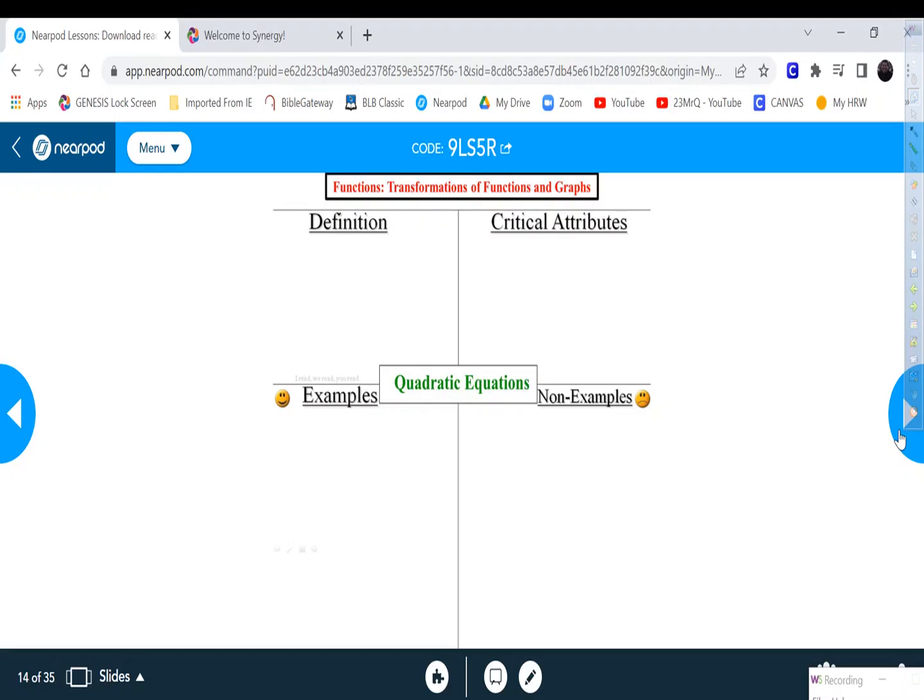Okay. I guess all the definitions could be with zero, right? Anything can have zero. That's pretty good. Diego, my goodness. Help him out, Luis. Quadratic equations.